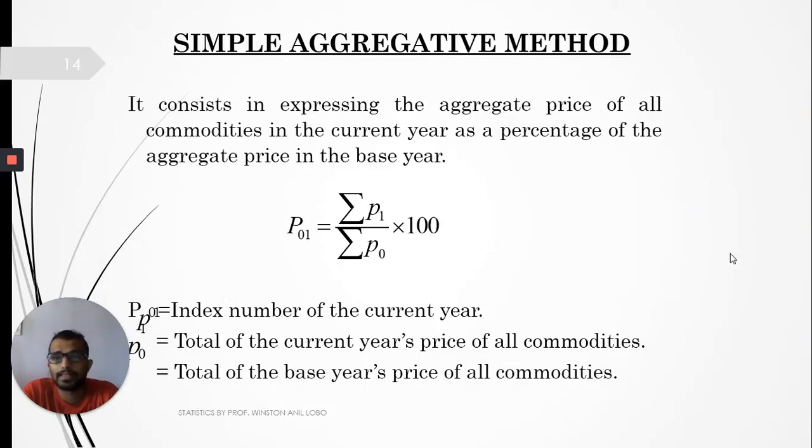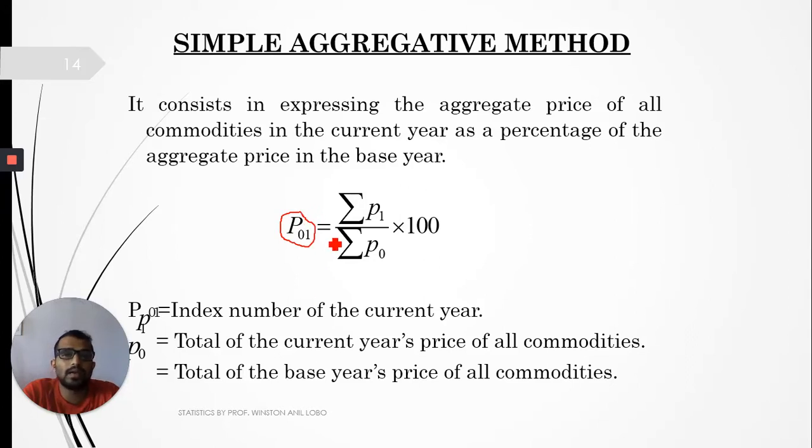Next, let us look into the first method, simple aggregative. The word itself says this method is simple, and it is aggregative, that is, we have to find the total average. How do we find this? Look at the formula. P01, this is how we write the price index number.